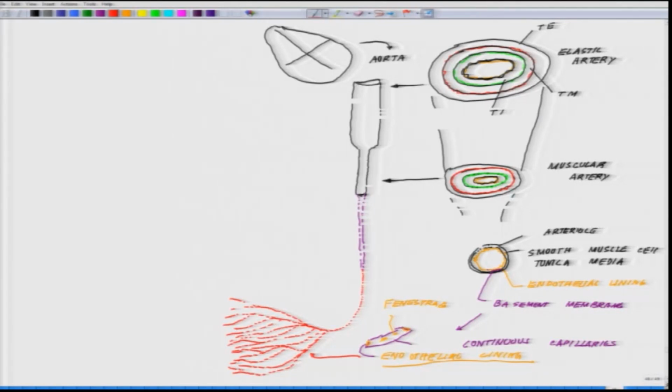Now, from here the vessel, so this is where the oxygen is being given. Now, all the tissues which are surrounding, they are picked. So, let us denote the tissues with green, the ones which are metabolizing.